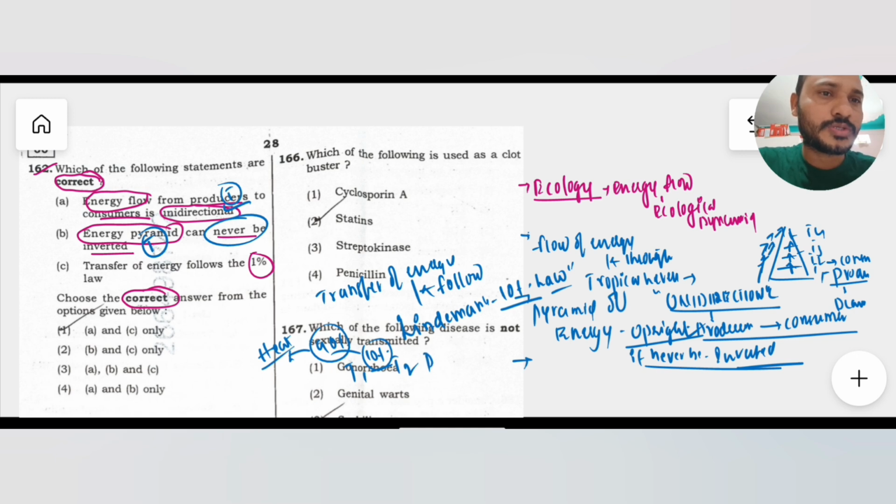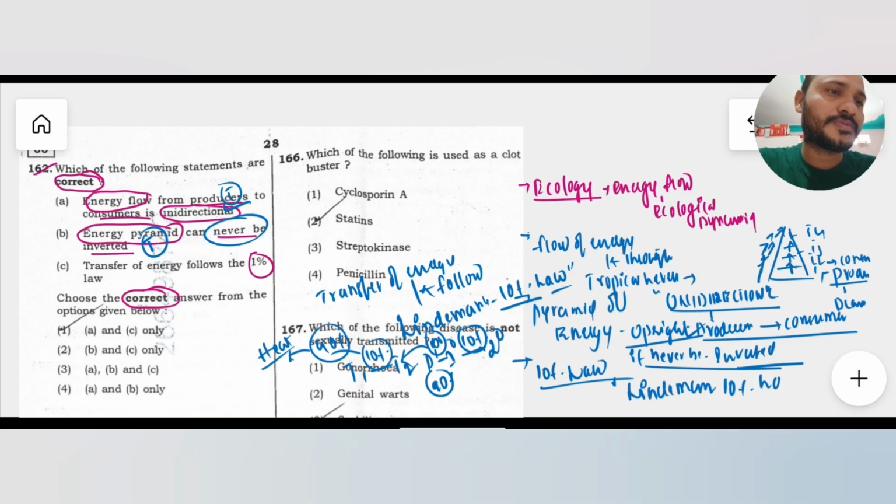For example, from producers to primary consumers, only 10% of energy is transferred and the rest is lost. Again, from primary consumers to secondary consumers, only 10% is transferred and the remaining 90% is lost as heat. So transfer of energy follows the 10% law. This law was proposed by Lindeman, hence it is also known as Lindeman's 10% law of energy flow.